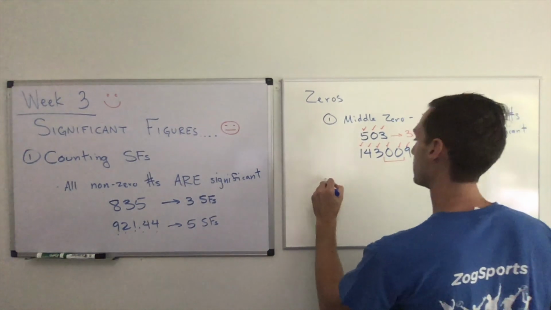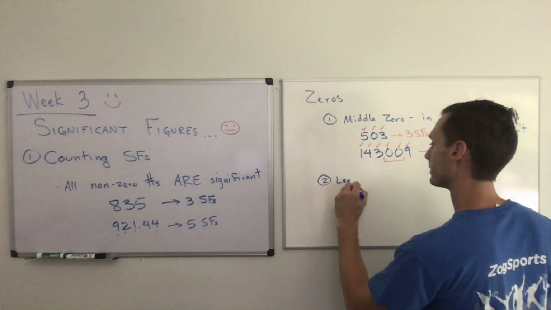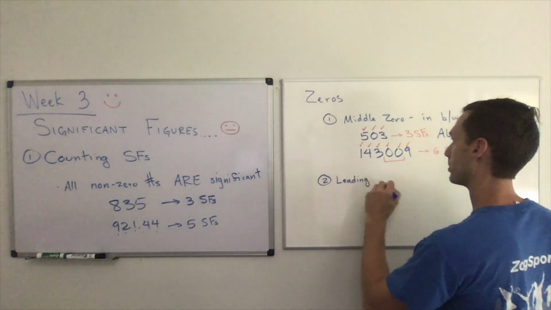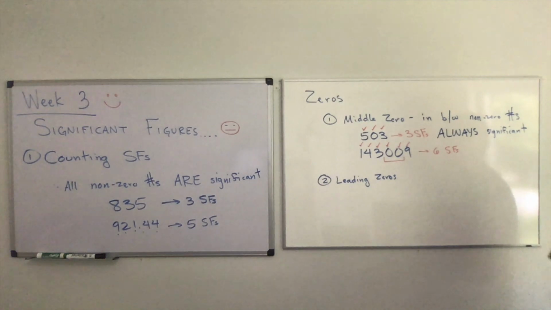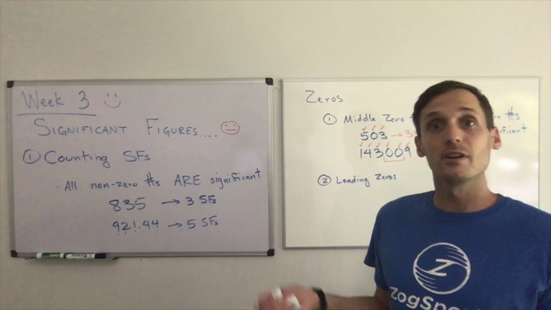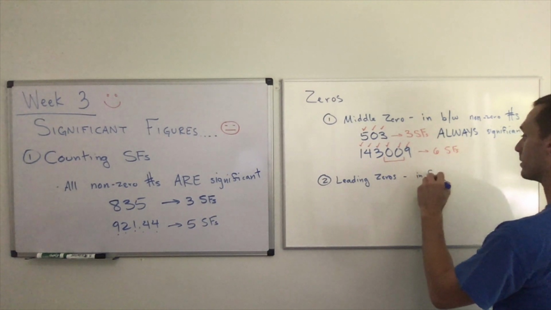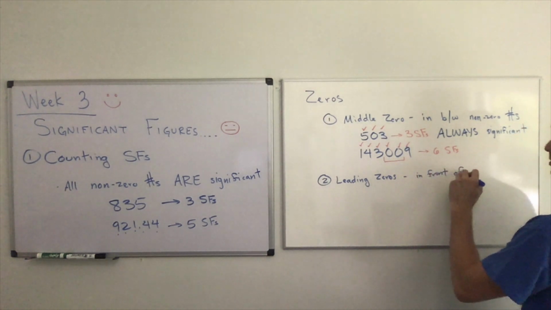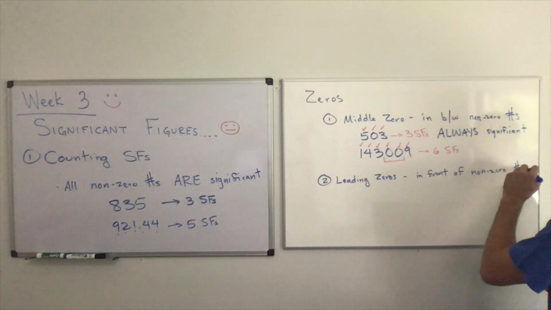The second type are leading zeros. Okay, so we have middle zeros in the middle, now we have leading zeros. These are obviously out front of non-zero numbers.